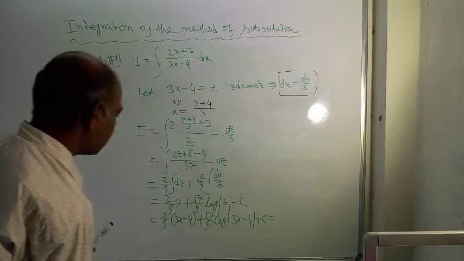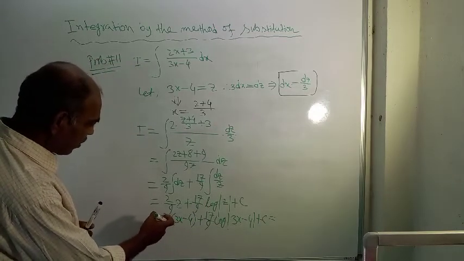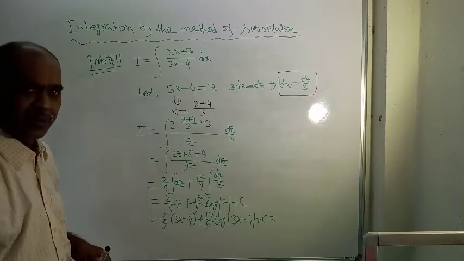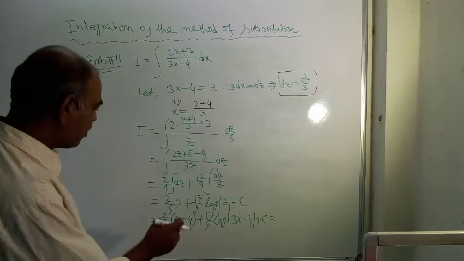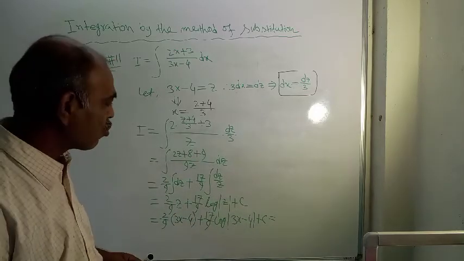This is equal to what? Here 2 by 9 into 3x, again 2 by 9 into minus 4. So this becomes minus 8 by 9. Minus 8 by 9 is a constant. So this minus 8 by 9 plus c makes another constant. Say that constant is denoted by c1.